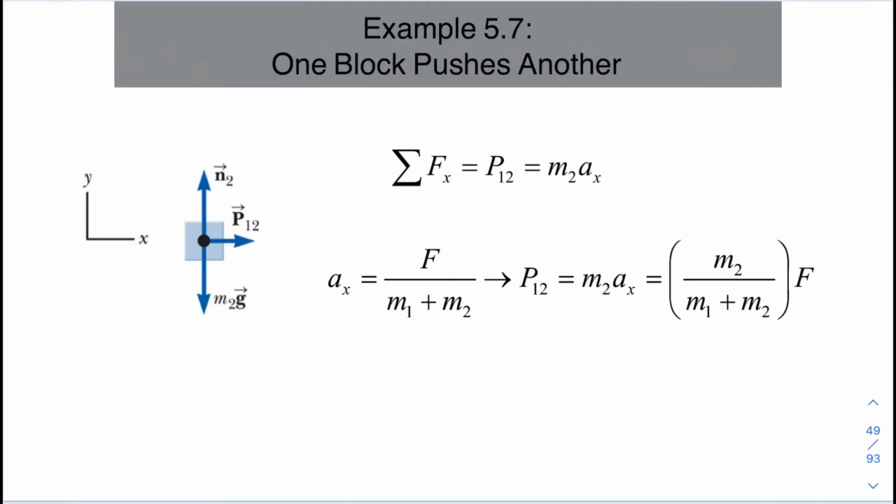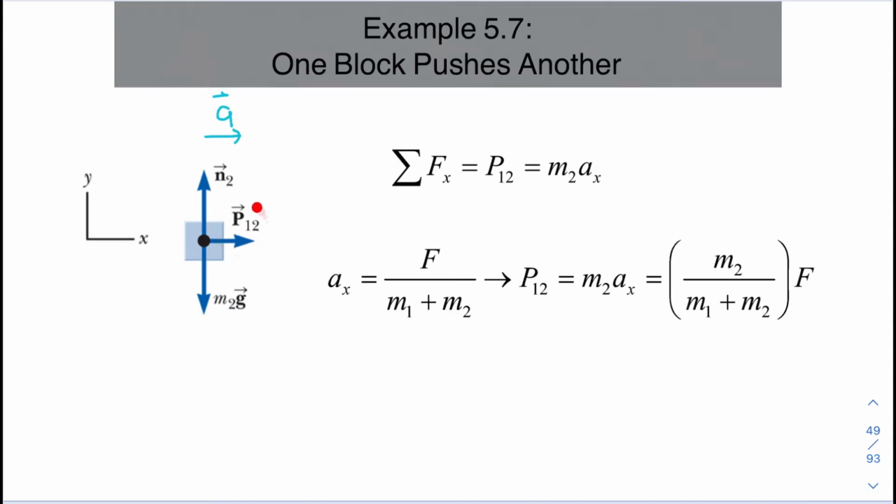From there, we continue to analyze object 2. Bear in mind that the whole system, both objects, moves to the right with acceleration A along x. Then the sum of F along x must equal M A x.